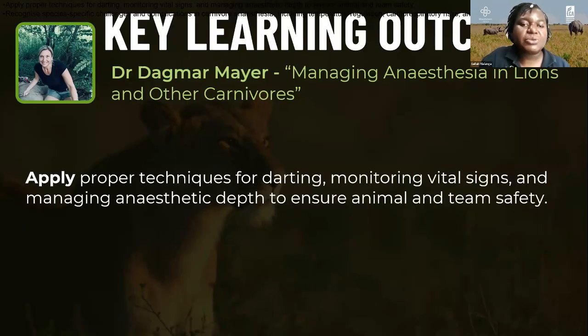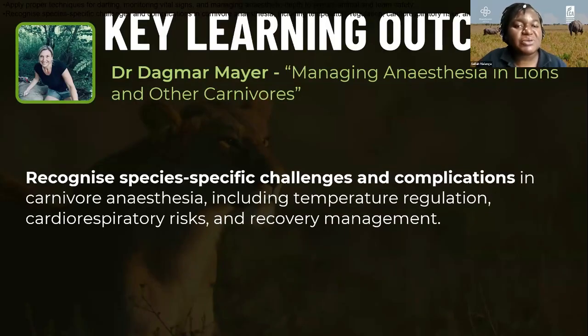Thirdly, you should be able to apply proper techniques for darting, monitoring vital signs, and managing anesthetic depth to ensure animal and team safety. Lastly, you should be able to recognize species-specific challenges and complications in carnivore anesthesia, including temperature regulation, cardiorespiratory risks, and recovery management.